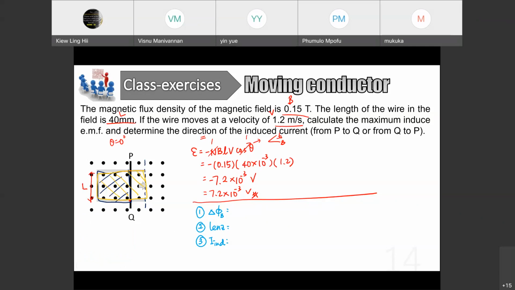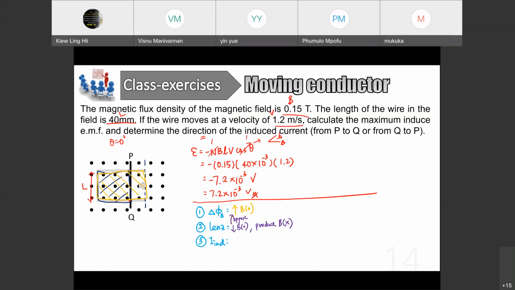So what is the change? There is an increase of the dot product. So in order to oppose the change according to Lenz, I would like to decrease the dot product. To achieve a decrease in the dot product, the system would have to produce cross product.